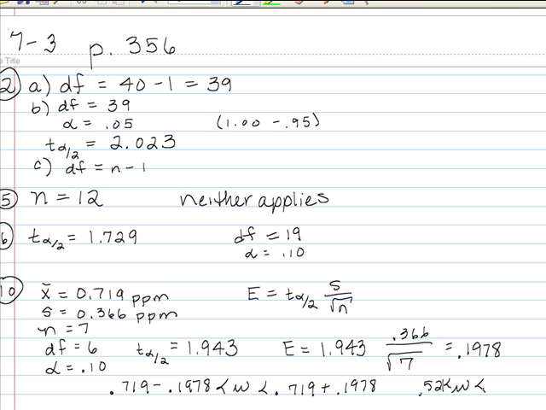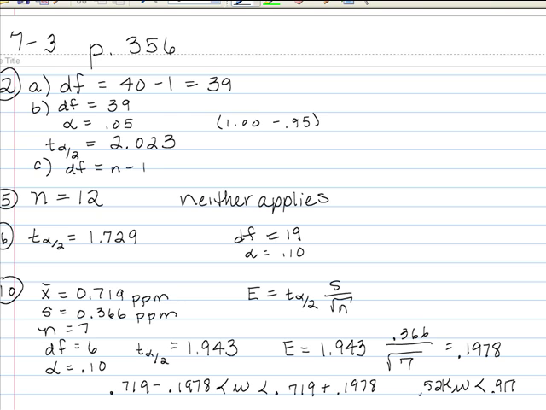Okay, evidently I have an error. Let's see. I'm just checking my figures. 0.366. Okay, and we had degrees of freedom is 6. Alpha was 0.10. Let me double check the table value.